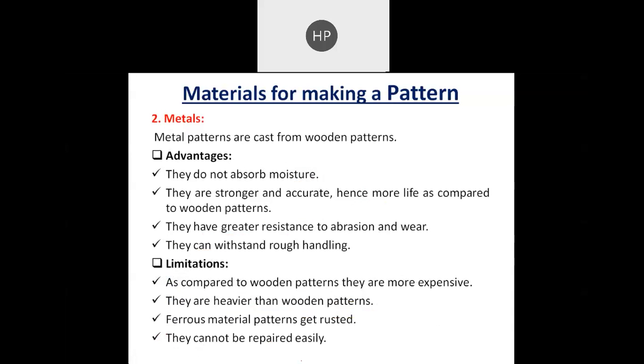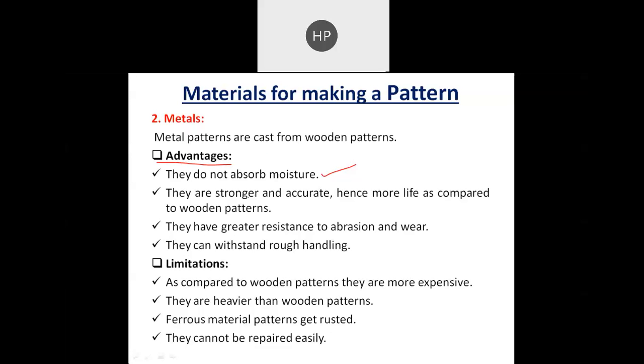Then the next material is metals. It has certain advantages: they do not absorb moisture. In wood we have seen that it absorbs moisture, so its shape and size will change, but metal patterns do not absorb moisture, so there will not be an abrupt change in shape and size.